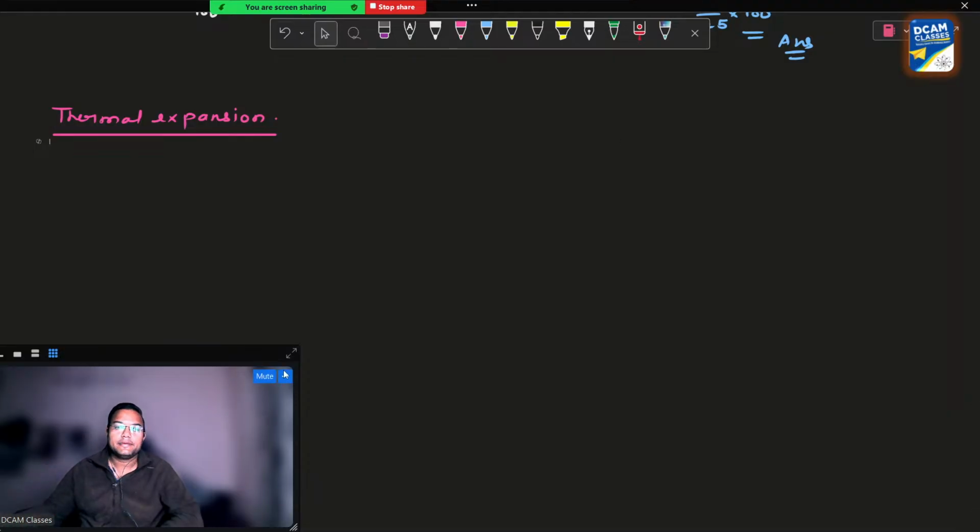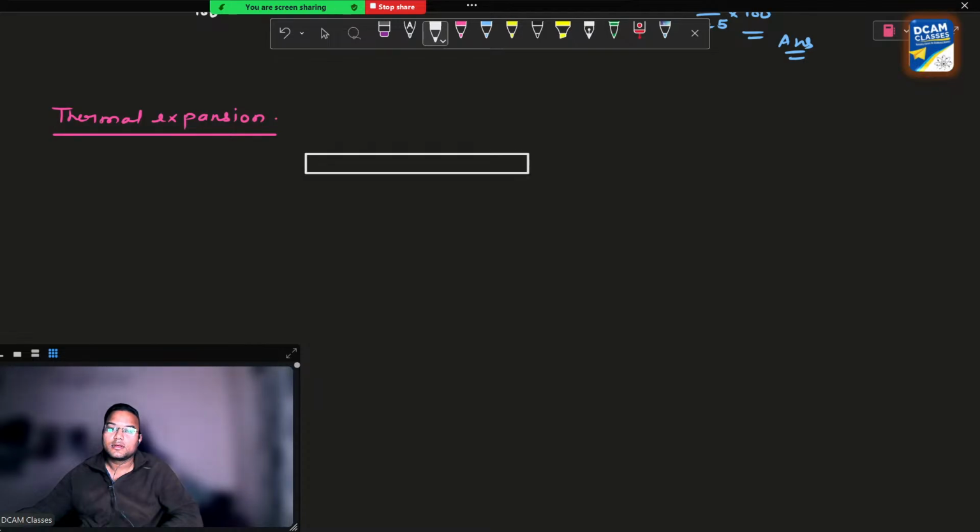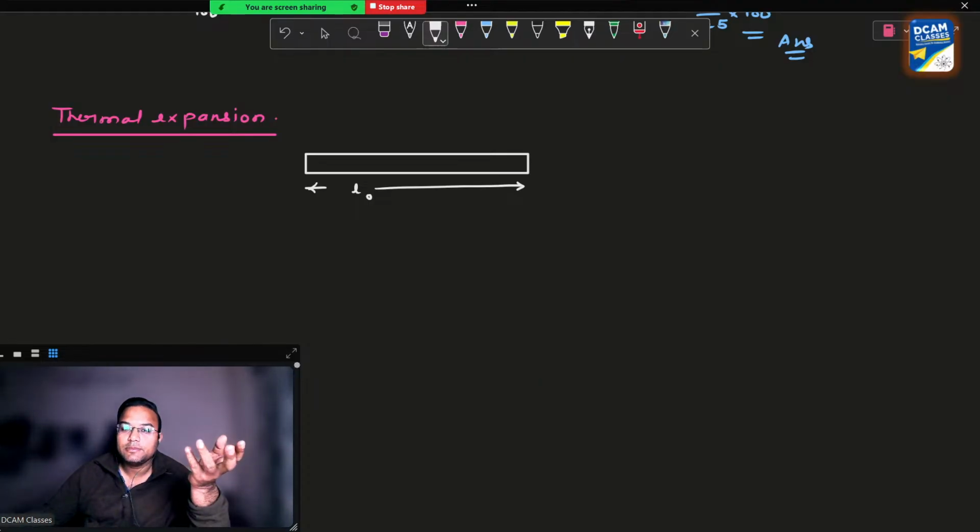So what they say, whenever we increase the temperature of a body, suppose we have a body whose length is L. At this point, say L naught, we are actually fixing the area. Means it should have some cross-sectional area like this, but we are fixing the area, means the area is not changing for this.